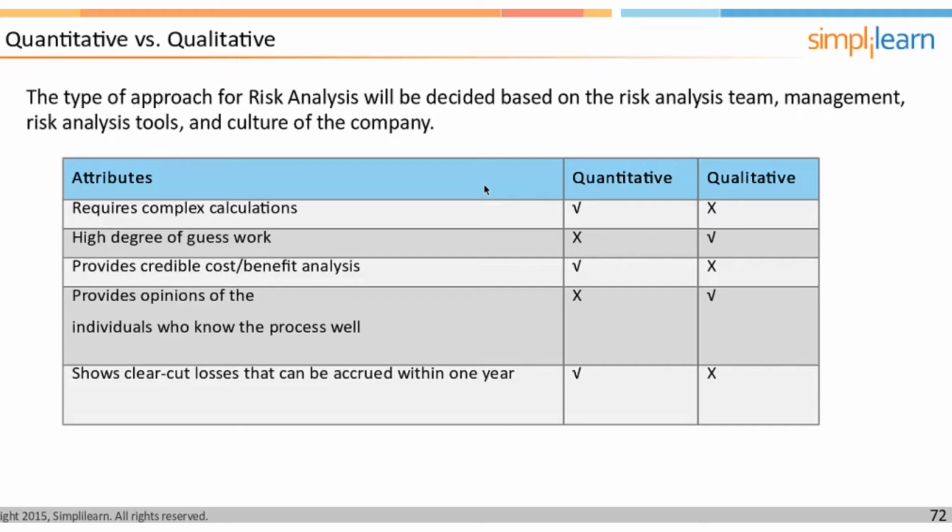You can take a decision based on that figure. Whereas qualitative is based on the opinions of the individuals who know the process well. In quantitative, you get to see clear-cut losses that can be accrued within 1 year. So in all, quantitative is a much better method.